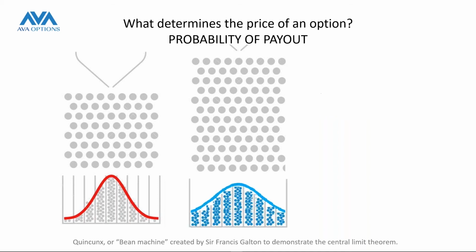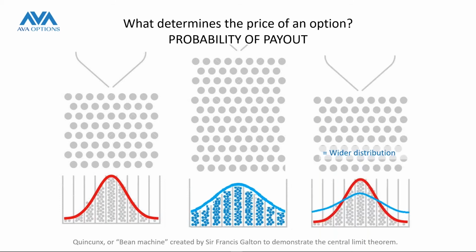If you have more time, more nails, a bigger chance of getting out to the extremes, and you get a wider distribution of prices. Okay? So with more time, you have a better chance of reaching this bin here. And similarly, more time can also be thought of as more volatility. More events happening in the market, more action, again, you get a wider distribution.